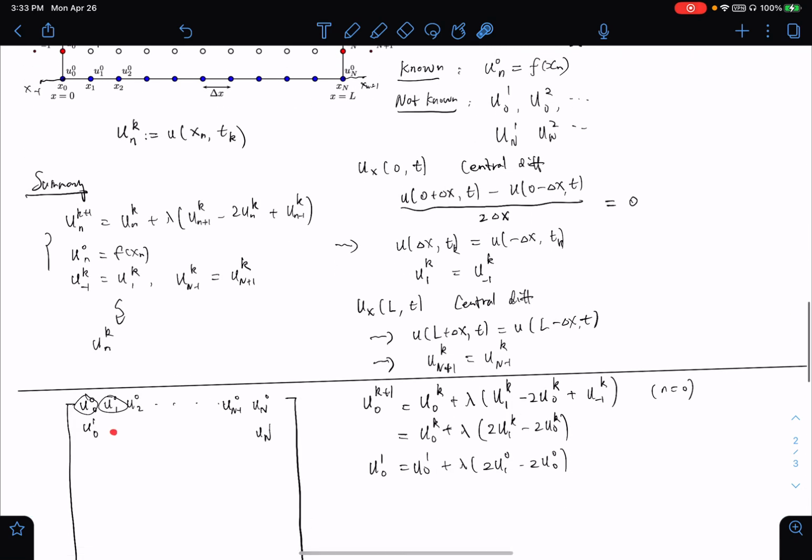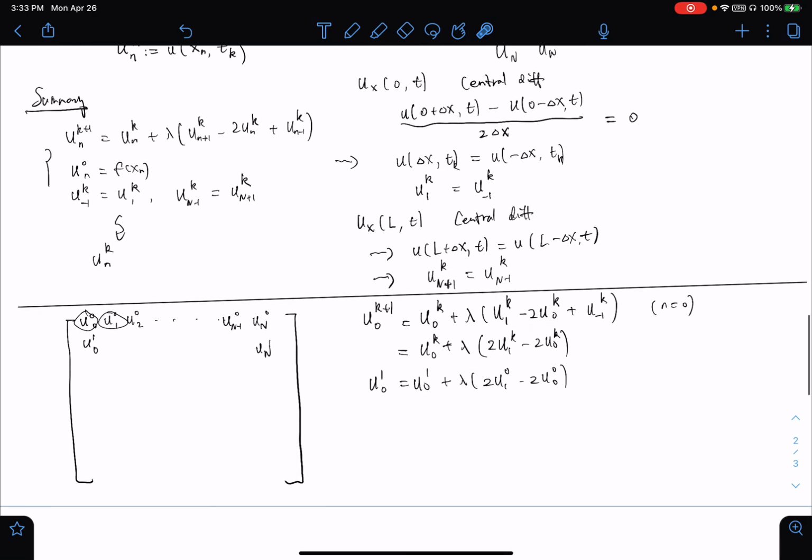For example, this value will be generated by these three values, right? So if you choose this implementation, you can use this formula for boundary points, and then the same recursion formula here for all the other points. And once you have the second row, you can do the same thing and progress.